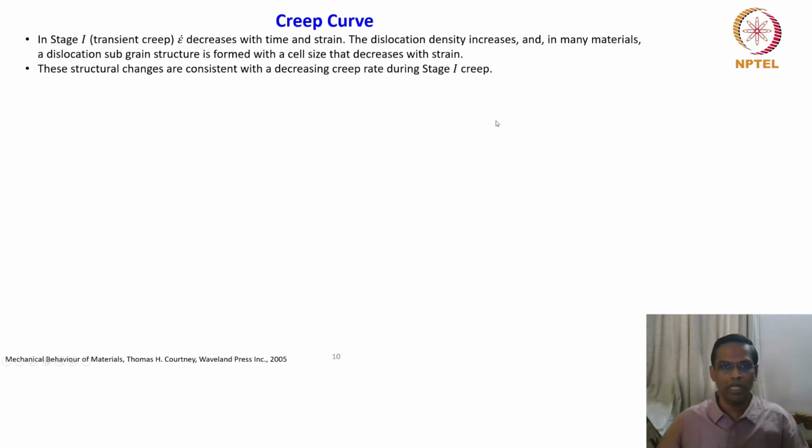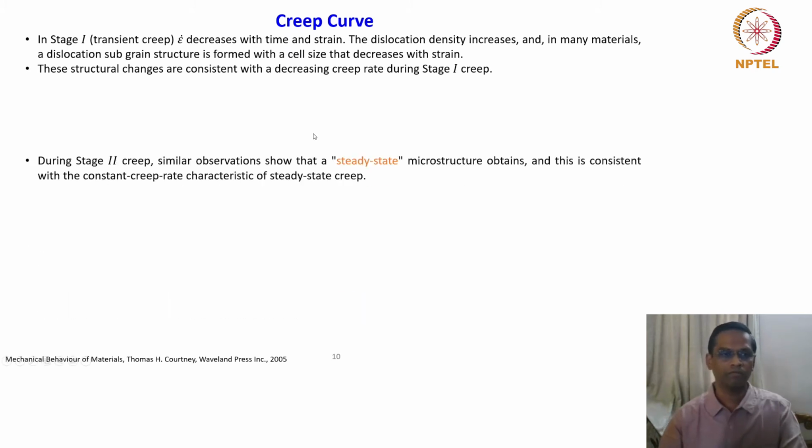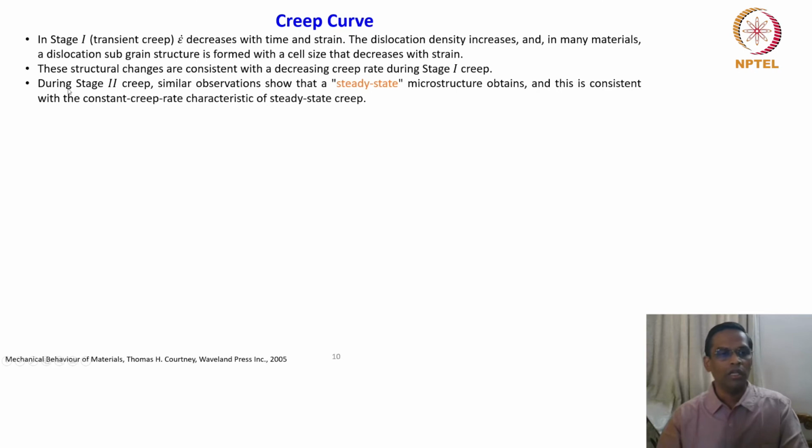So now people are trying to understand what the microstructural changes are that accompany each stage of the creep curve. During stage 2, similar observations show that a steady state microstructure obtains, and this is consistent with the constant creep rate characteristic of steady state creep.